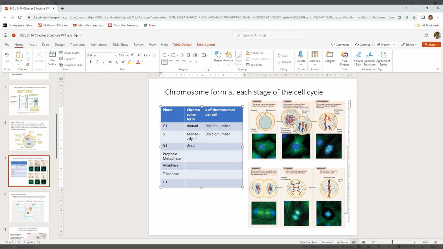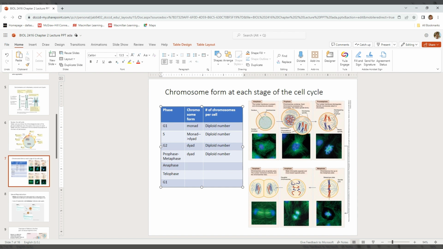In G2, the chromosomes are still in their dyad form, following their replication in S phase, and they stay in the dyad form until prophase and through metaphase. Then there's a weird moment, I guess you can say, in anaphase.